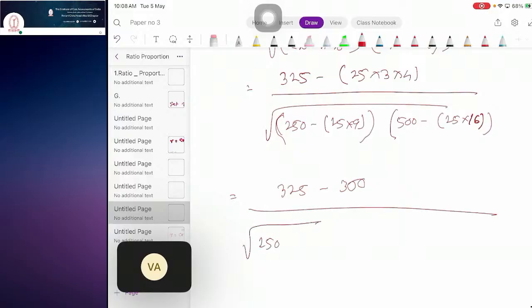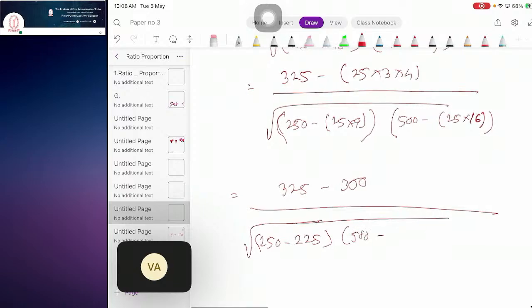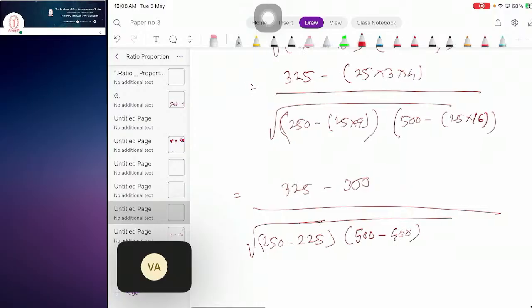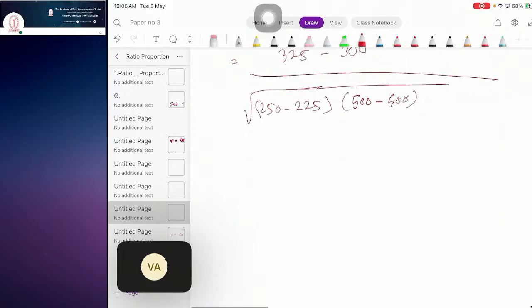Under root of 250 minus 25 times 9, 225 in the first bracket, and in the second bracket 500 minus 25 times 16, 400. So 325 minus 300 is 25, under root of 250 minus 225 is 25, and 500 minus 400 is 100.